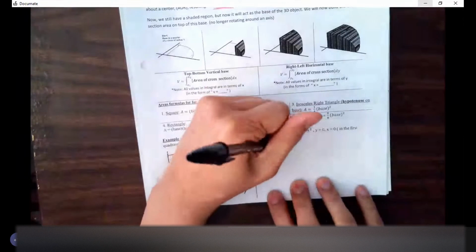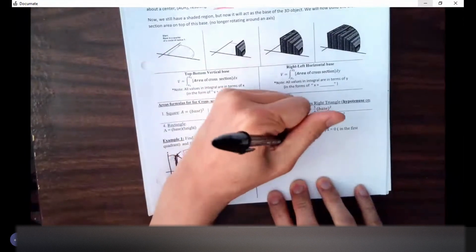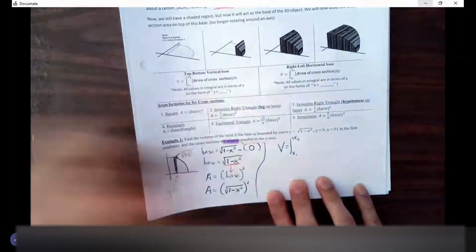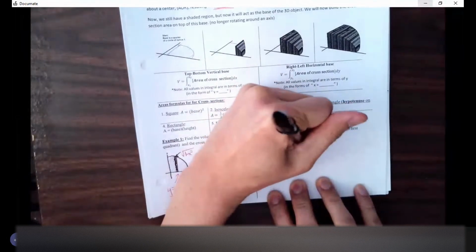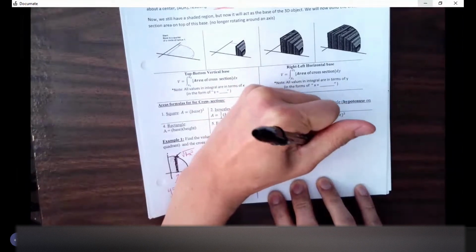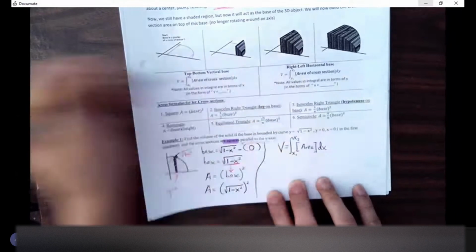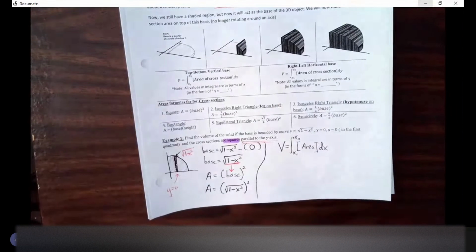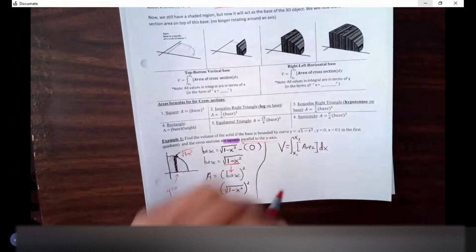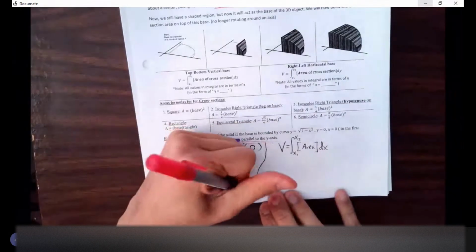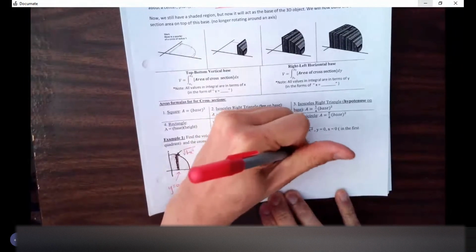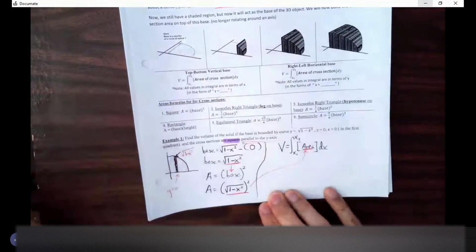So my volume formula is going to be the integral from x1 to x2, because we're doing top minus bottom, and I'm just going to insert my new area formula that I want to use. I'm not going to put pi r squared here because I'm not doing circles. I'm going to be putting the shape that we're asked to do, which is squares. So this is going to go in this area portion here.